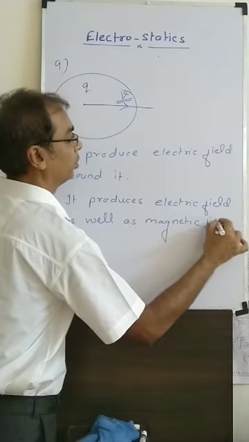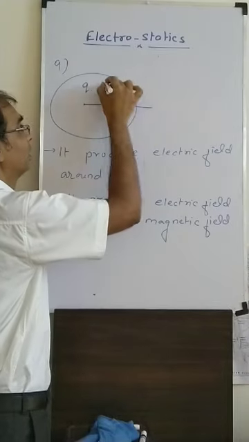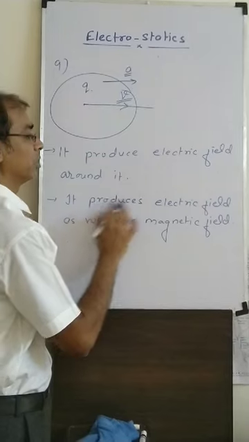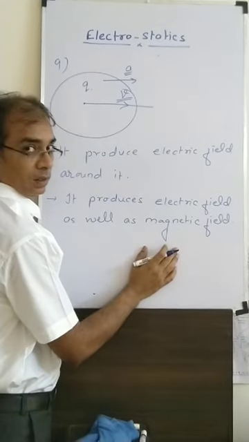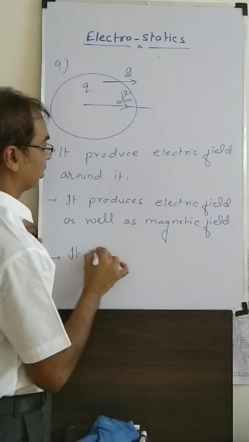Current produces a magnetic field around it. And if this charge is going with acceleration, that means speed is changing, then along with producing electric and magnetic field, it also radiates energy.